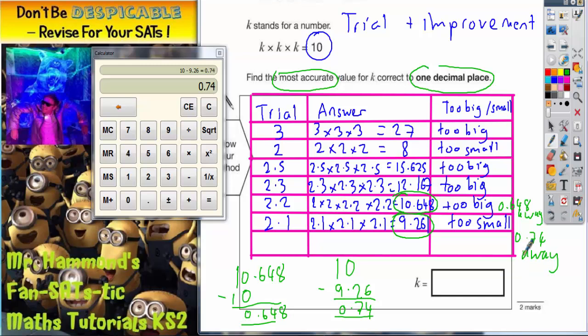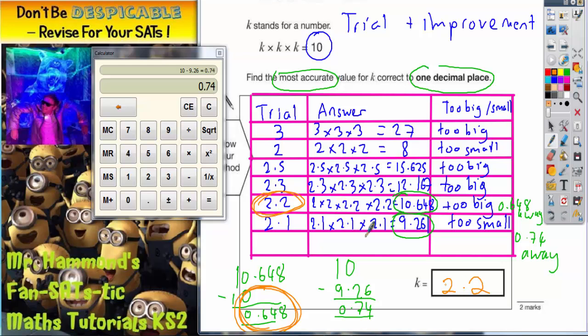Now the one which is least away is the one that's getting us closest. So which is least? 0.64 away or 0.74 away? Well, 0.64 is less, isn't it? That's a lower gap. 0.64 is lower than 0.74. So the one we need to go with to one decimal place is 2.2.